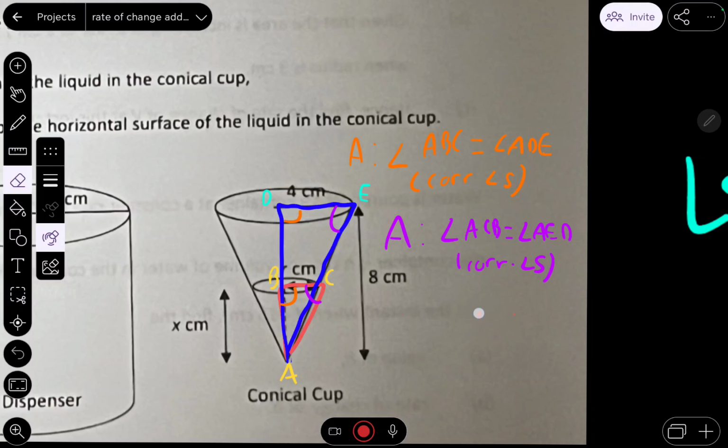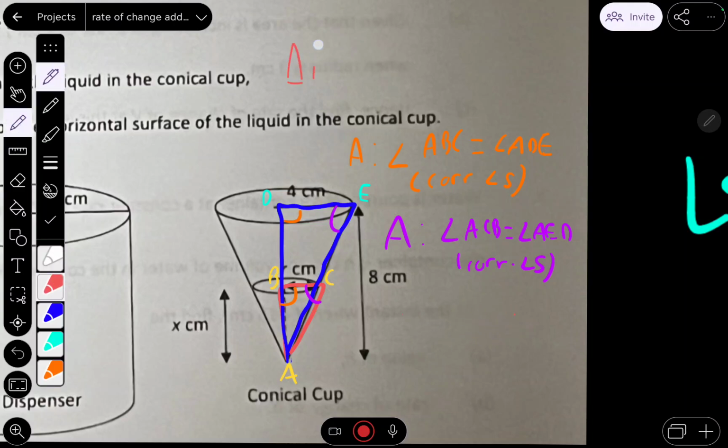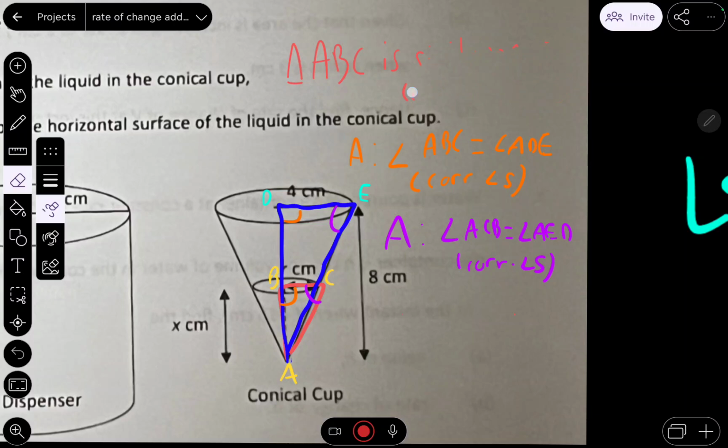This is due to your AA similarity test. Okay. Now actually you don't need to write all these, you just need to know that they are similar, but I'm just showing you how they are similar.